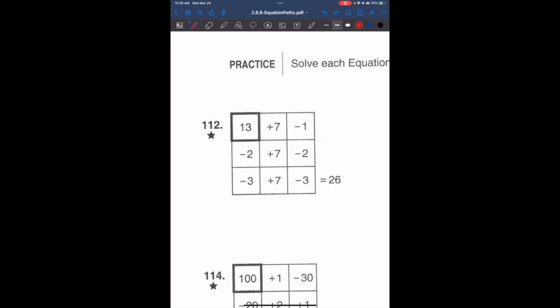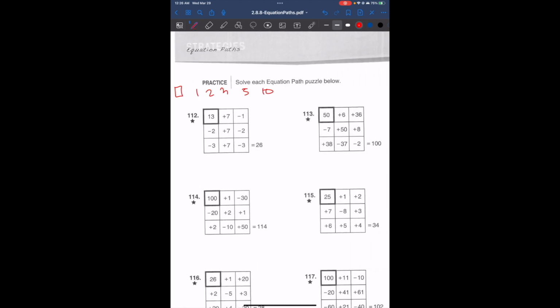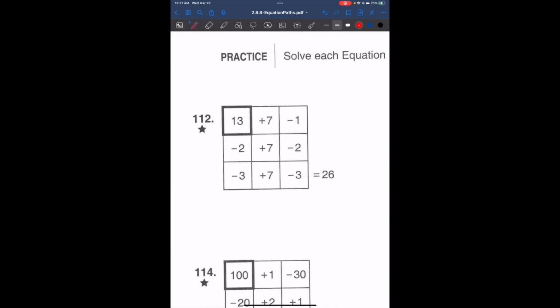For example, there can be questions where they give you numbers and a starting number, and it asks what numbers we should add and subtract to get to the number we want. Even though it's not set up as a puzzle in a grid, you can still use the strategy of identifying what numbers and number combinations can work. So that is what equation paths help us prepare for.